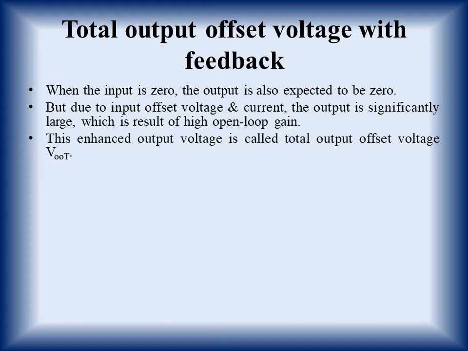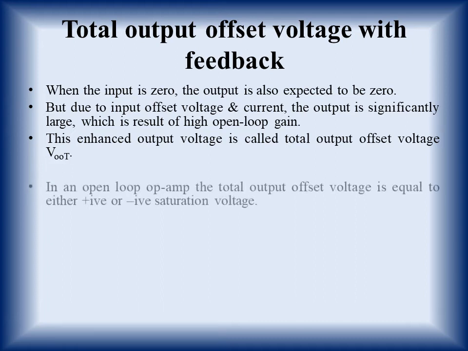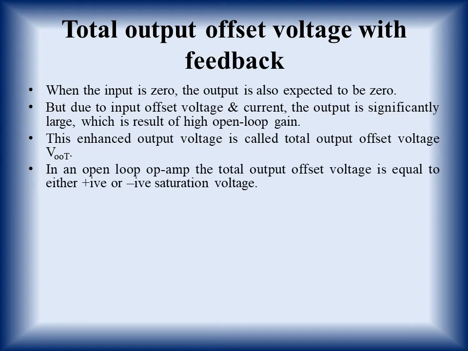So what is our total output offset voltage? It is the output offset voltage that appears due to the input offset voltage. It is not due to an input signal; it is due to input offset voltage or current. In an open loop op-amp, the total output offset voltage is equal to either the positive or negative saturation voltage, because the open loop gain of the operational amplifier is, in an ideal case, infinite.